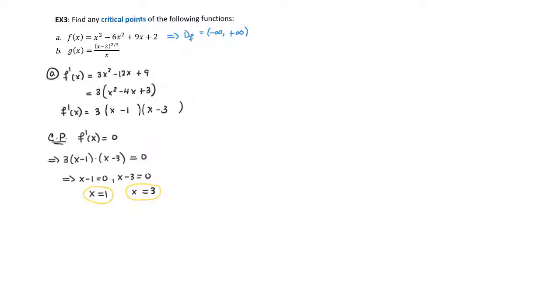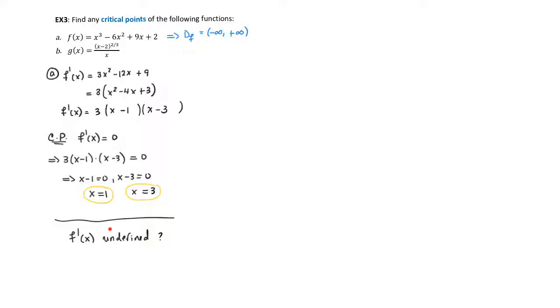Now, we also have to consider the other part: is f prime of x undefined at all? Another piece of good news here is that polynomials are defined everywhere. And beautifully, they are completely smooth. They don't have any sharp corners. There are no jump discontinuities, no removable discontinuities.